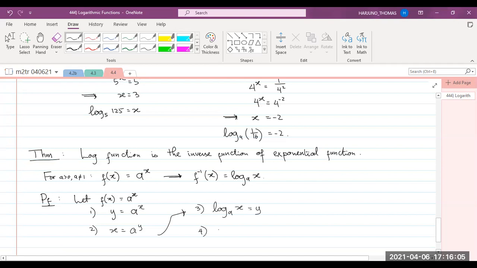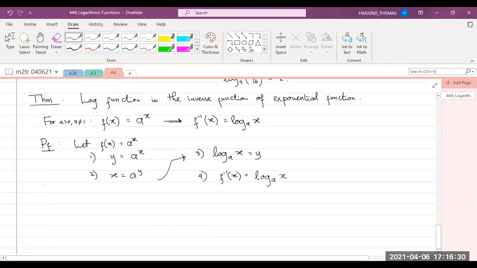And step 4, the inverse function of x is log base a of x. So I have proven that the log function is the inverse function of the exponential function.